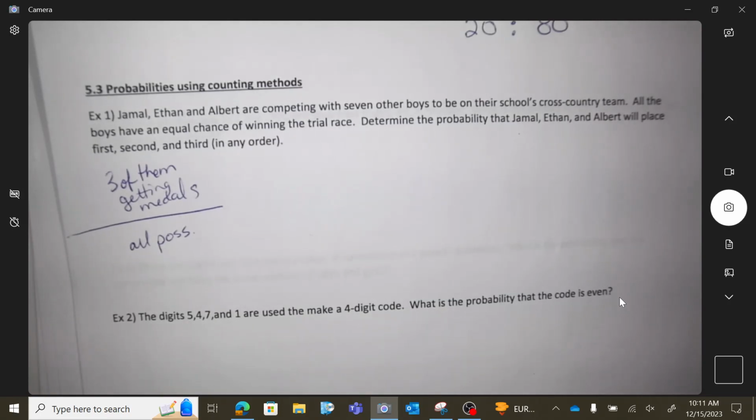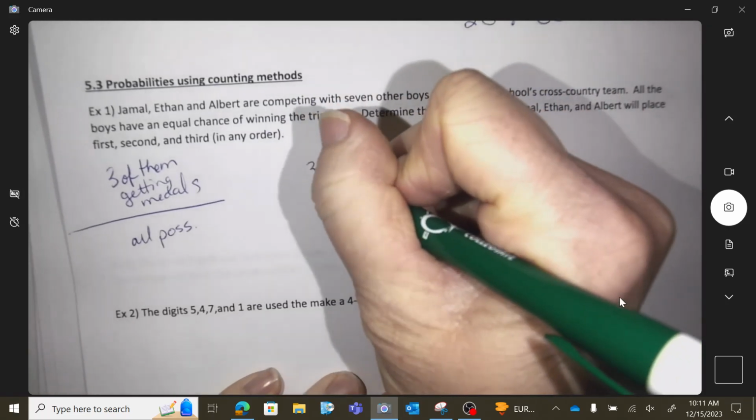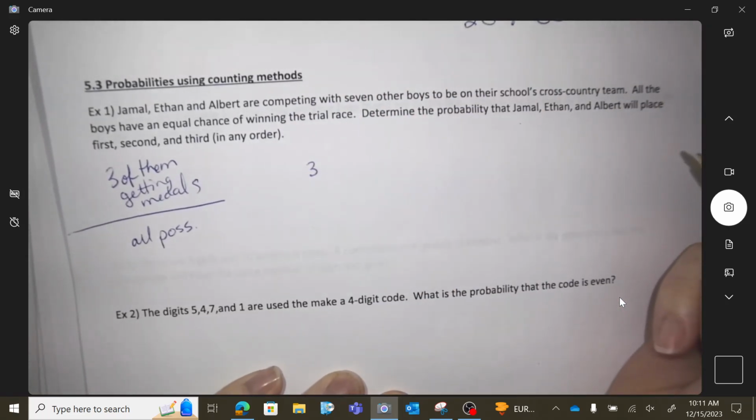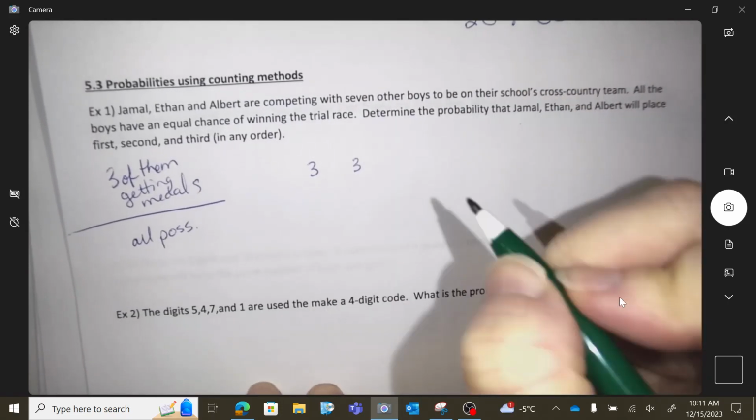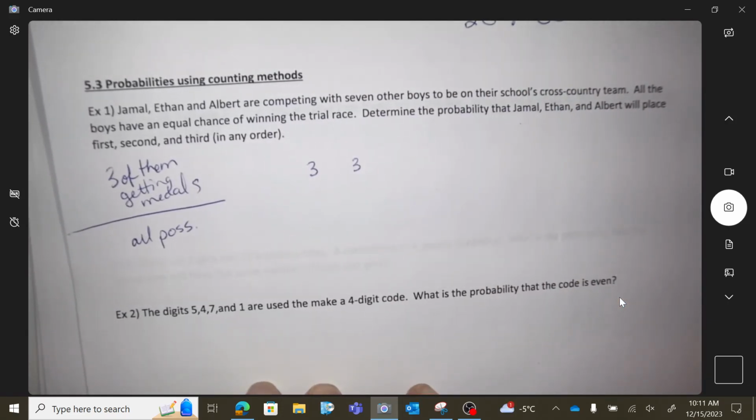Okay, so if I'm only working with the 3 of them and giving the 3 of them medals, the situation I want is those 3 people and those 3 people getting medals. That's the situation I want. What's the letter you would like to put in between?